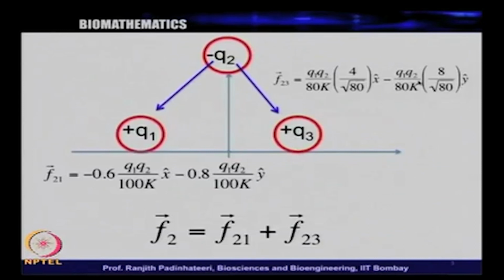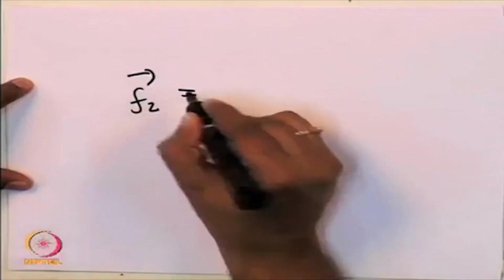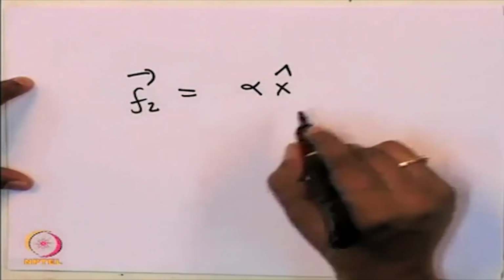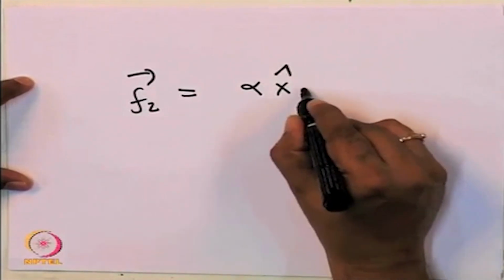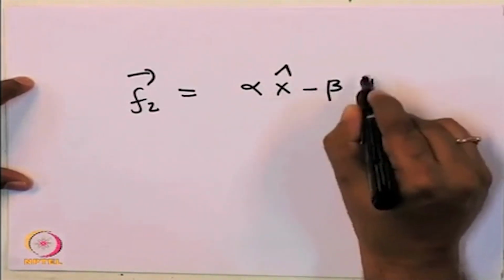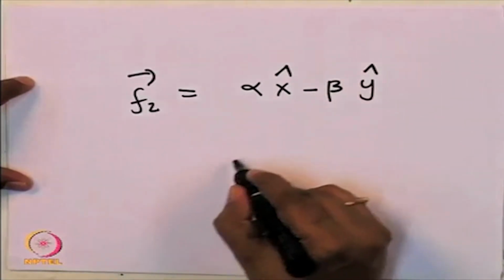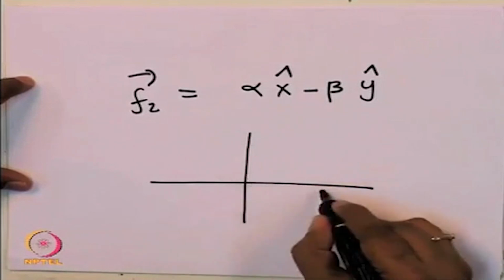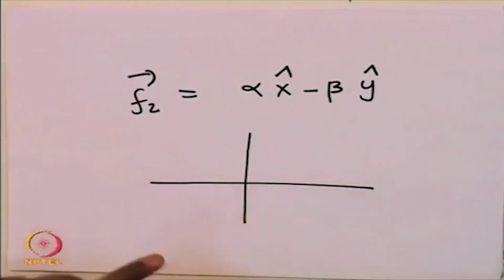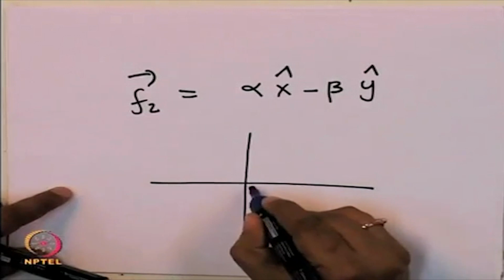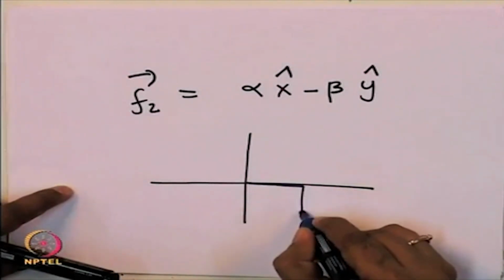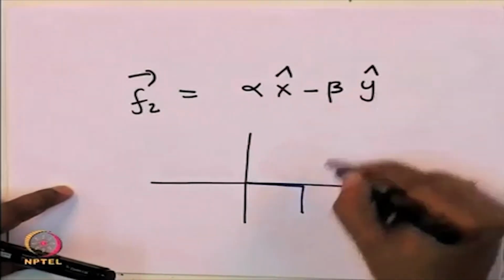We also said that essentially we will get F2 equal to some alpha along x, with some minus beta along y. So, if you look at the x y plane, this is something along the x axis which is alpha, which is positive. So, you have to move along this direction some amount alpha, and minus beta in the minus y direction.